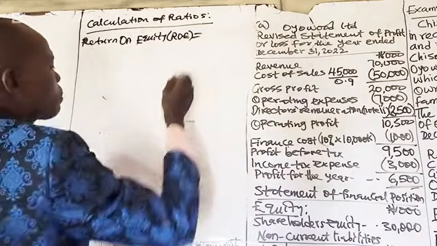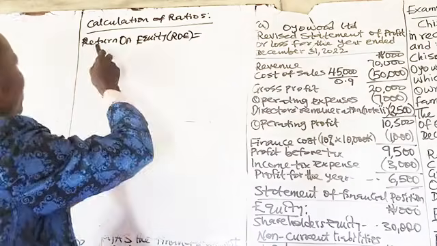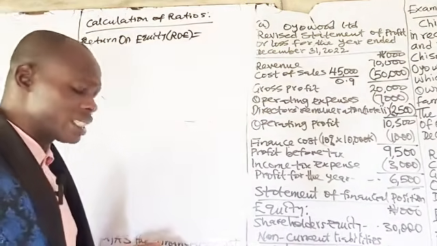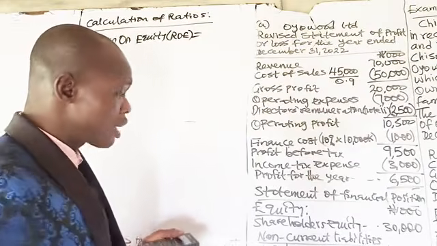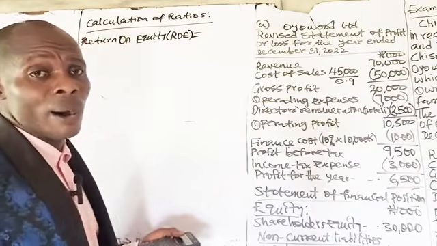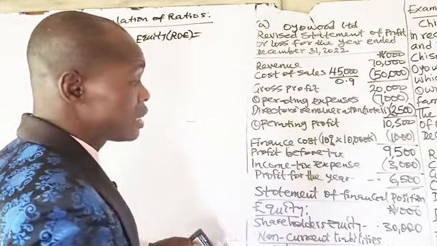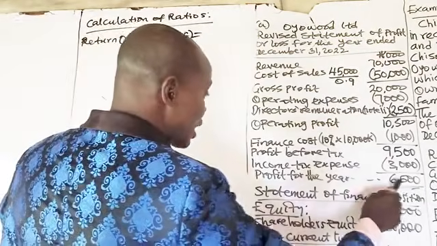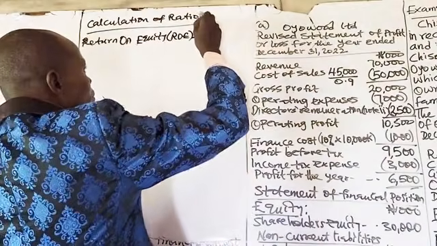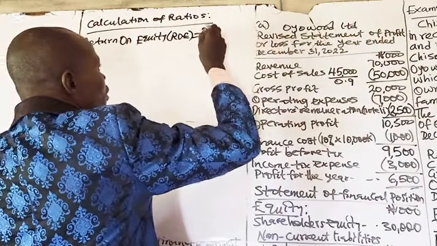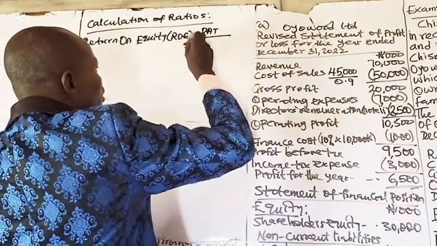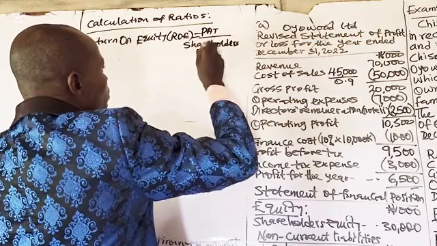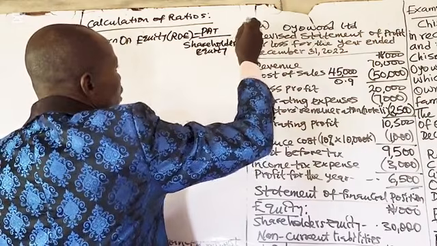Return means profit, so we have profit over equity. The profit that goes to equity holders: remember, equity holders are the owners of the company, entitled to the totality of the remaining profits after other stakeholders have been settled. That profit is profit after tax, over shareholders' equity, times 100 over 1.